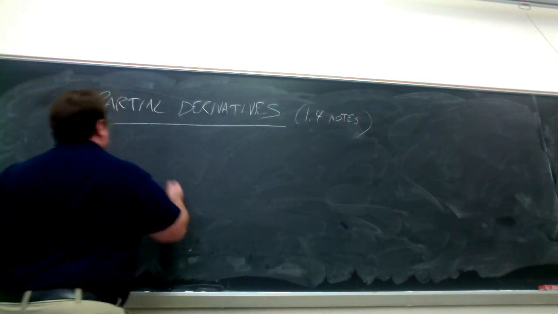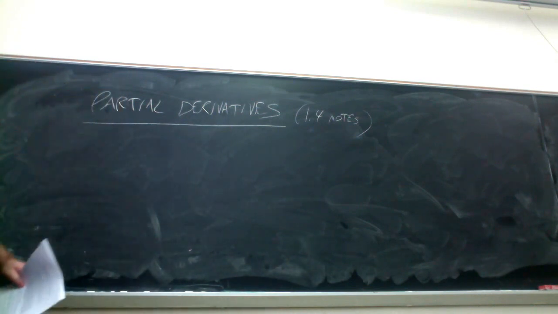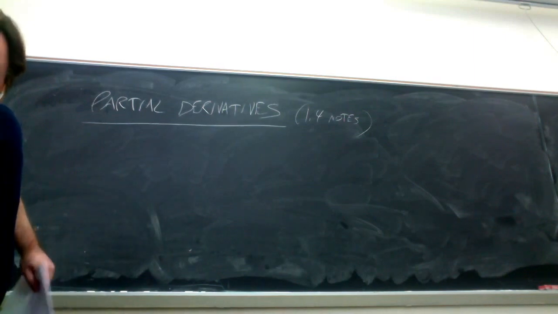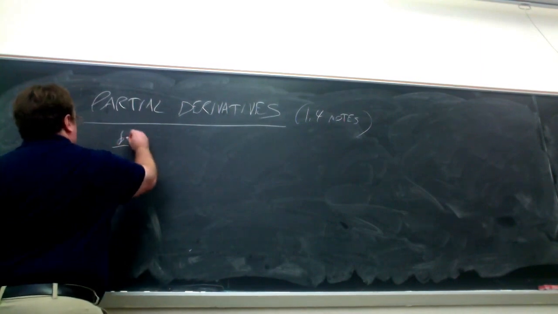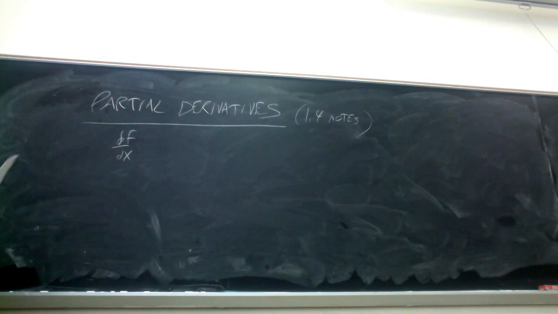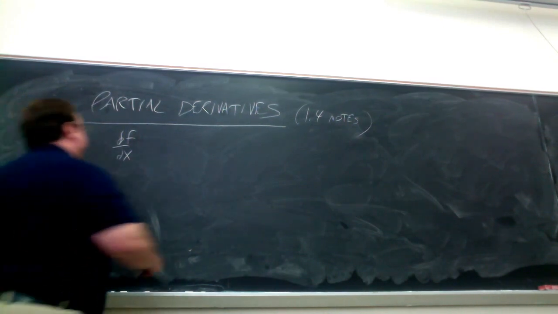All right, so I'm going to throw up a definition that you would have known from Calculus 1. Or let's see if you guys know it. So we're going to go back and forth between single variable land and multivariable land.